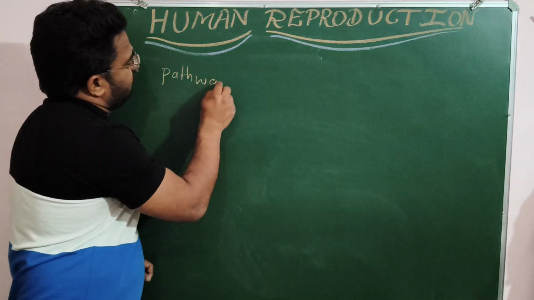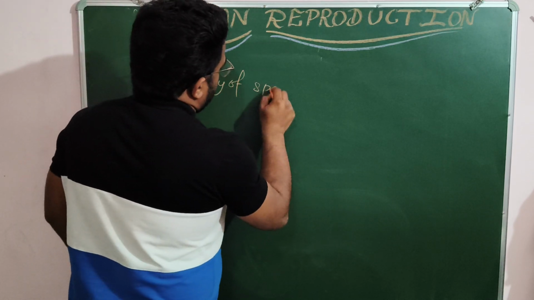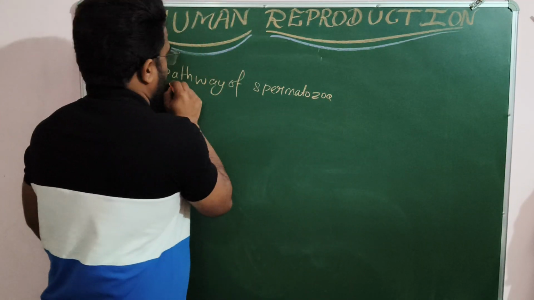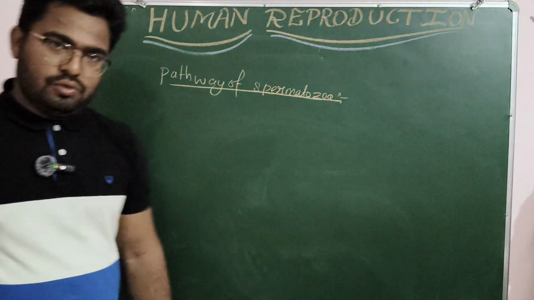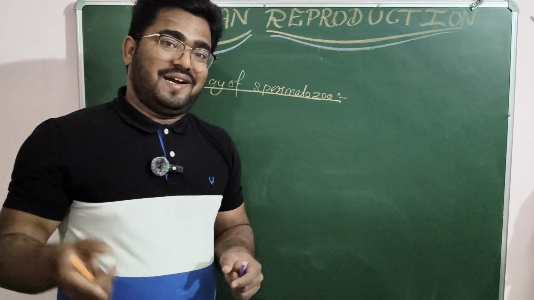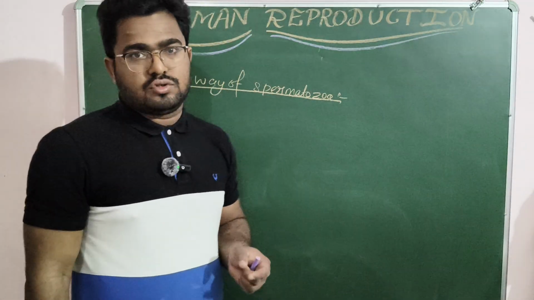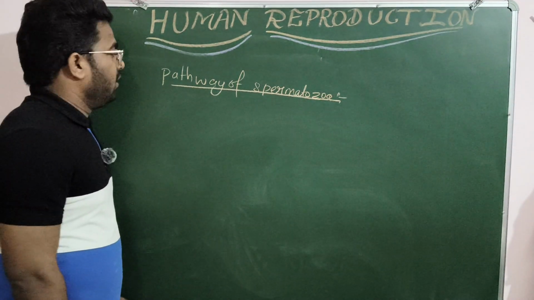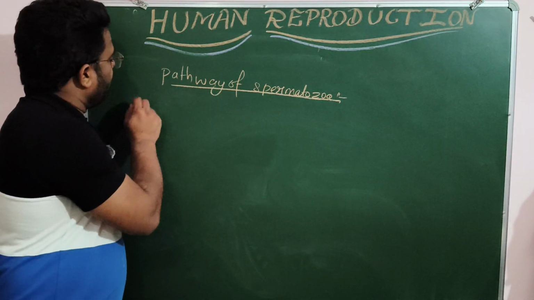I am discussing the pathway of spermatozoa, because we have discussed the seminiferous tubules and the spermatogonia cell, and I have told you that spermatogonia cells form a male gamete, spermatozoa. So we have to discuss the pathway of spermatozoa, how exactly it comes out of testis and goes to the female reproductive tract.